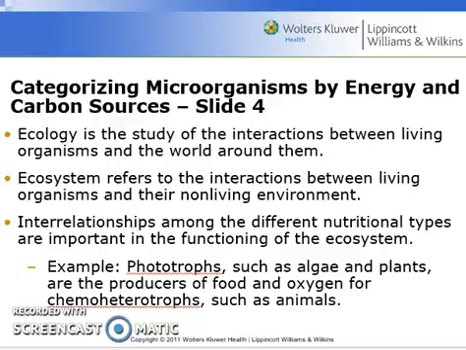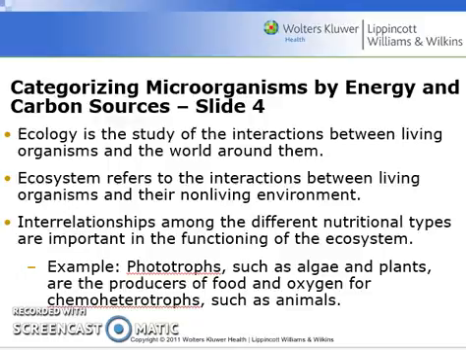So if we are observing the fungus using chemicals from a specific energy source, such as wood, and it's also relying on compounds as a carbon source that are derived from anything other than carbon dioxide, then that would classify a fungal organism in the chemoheterotroph group.